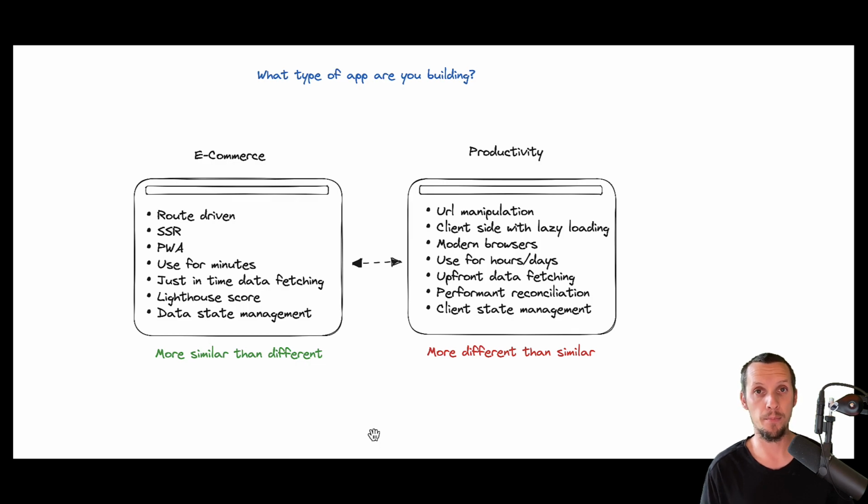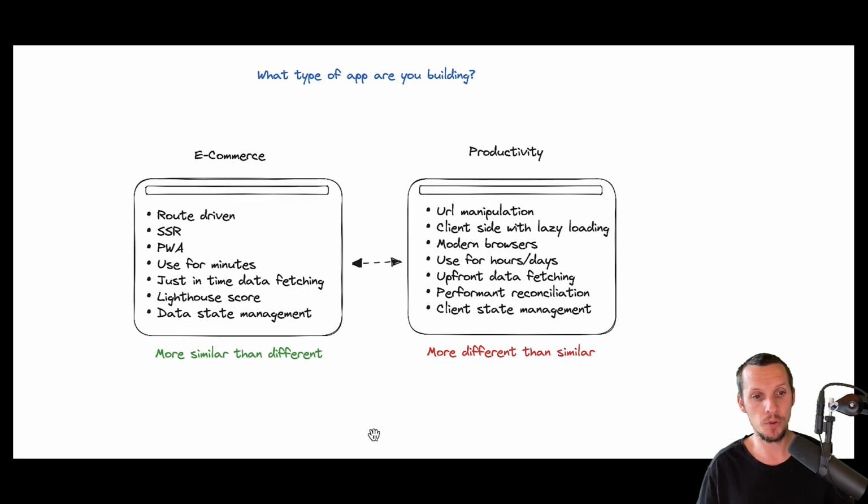That's how you measure how successfully implemented an e-commerce application is. When it comes to a productivity type of application, it's more about the performance of the reconciliation when you're dealing with React. How snappy does everything feel? Does it feel like a native type of experience?